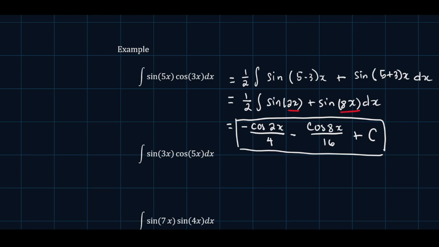Okay, the next item, pinagpalit ko lang yung angle nila. So, sine 3x, cosine 5x. So we will get here half of the integral ng sine 3 minus 5x plus sine 3 plus 5x.